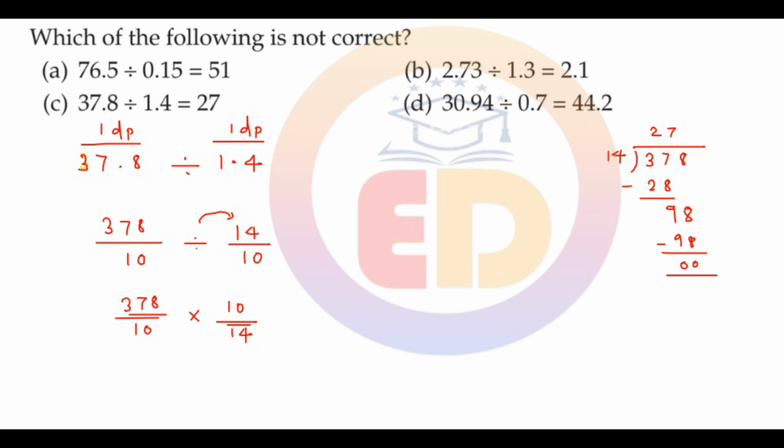When I divide 378 by 14, here I'll get 1, here I'll get 27. The numerator 10 and denominator 10 get cancelled. Here I'll have 1, here also I'll have 1. 27 into 1 is 27. Denominator 1 into 1 is 1. Ignore that. Our answer is 27. And here the option C also says it is 27, so it is correct.